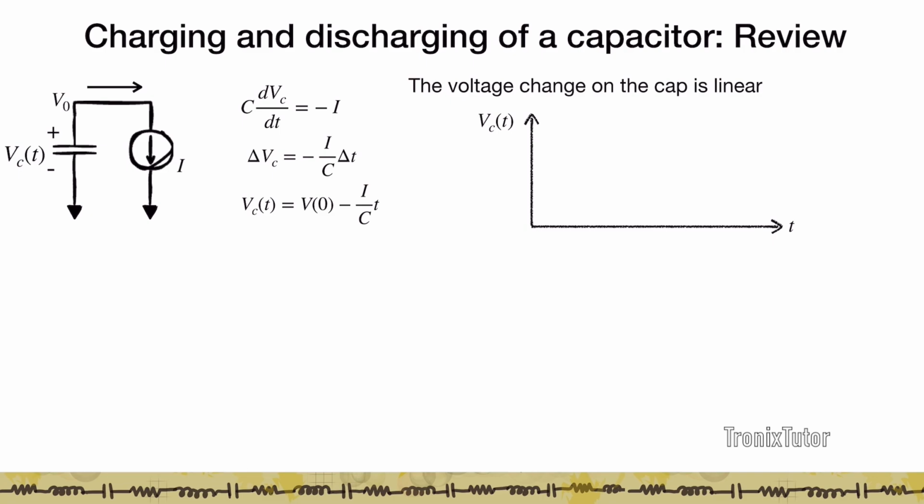So if I connect a constant current source to the capacitor, I get a voltage drop that is linear. Similarly, if I'm using a constant current source to charge up the capacitor, my charge up is going to be linear, and it's going to charge up for as long as I'm charging the capacitor.